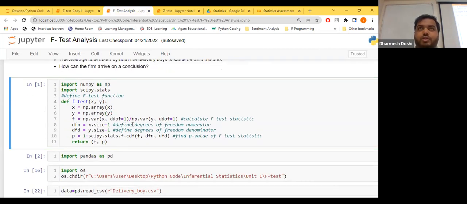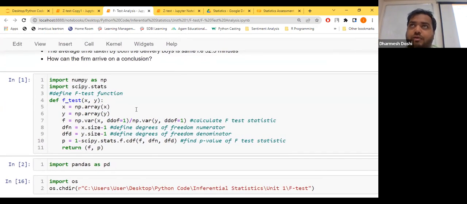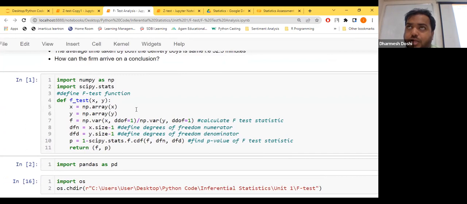We're working on F-test. The way we have solved F-test, guys, I have made a function. The F-test inbuilt function's answer is not coming as per the theory, so we have taken data and made a function manually. I'll explain the function.